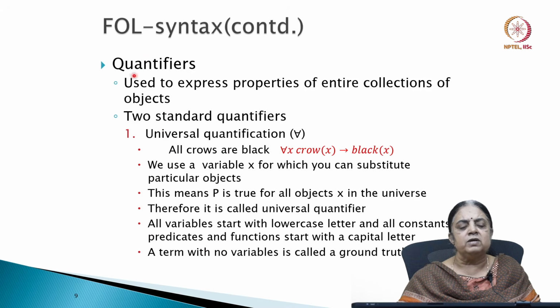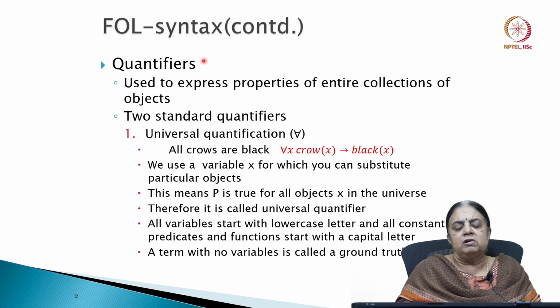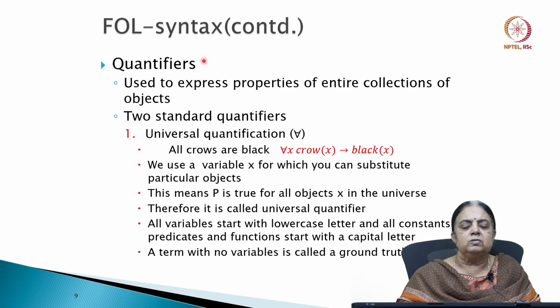And the quantifiers, there are two basic quantifiers. One is made for all objects of a particular type. So you use the symbol here, and these quantifiers are basically followed by a variable.